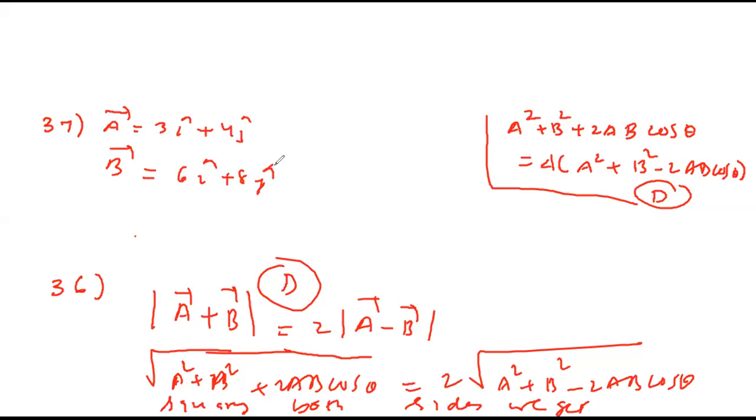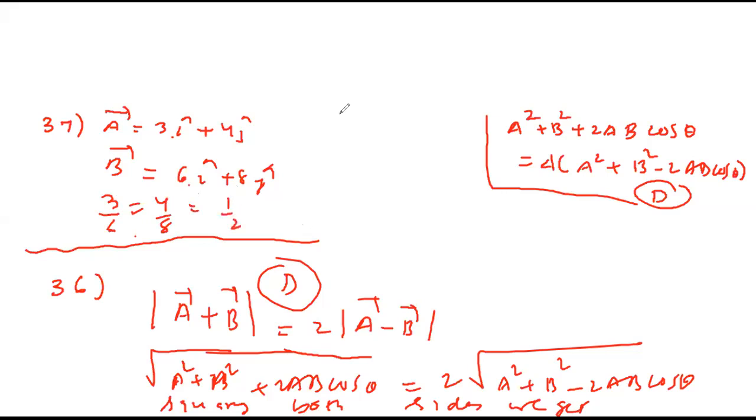Cross product 0 or magnitude ratio half? See, sometimes when you see the given vectors, it should click in your mind. I can clearly see 3 twos are 6, 4 twos are 8. You can also see that, right? Hello? Yes, sir. Now it is clearly visible, 3/6 is 4/8. Is the ratio the same? Equal to half?